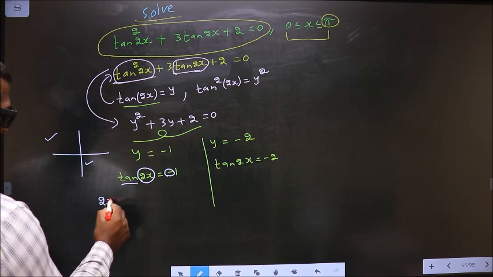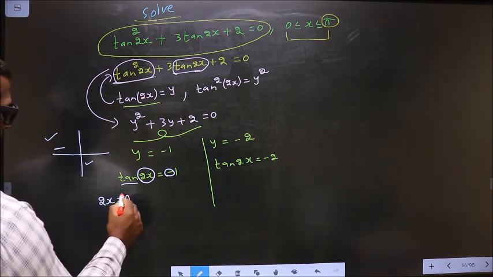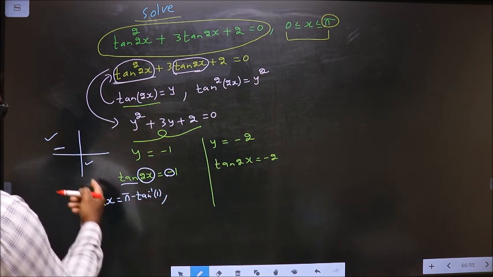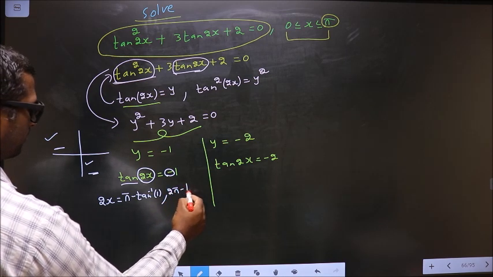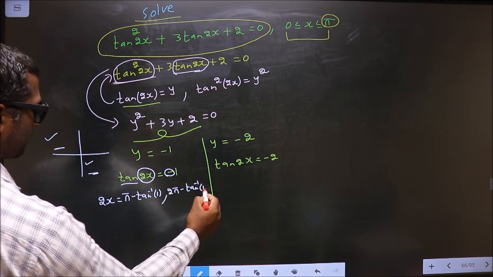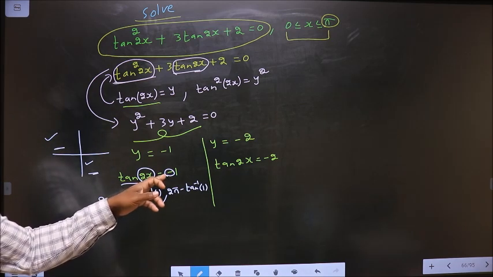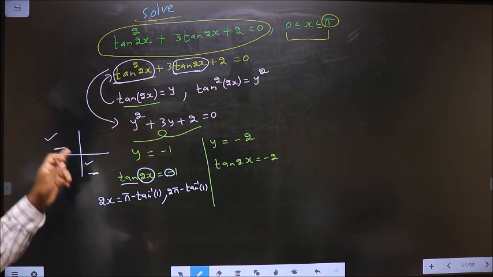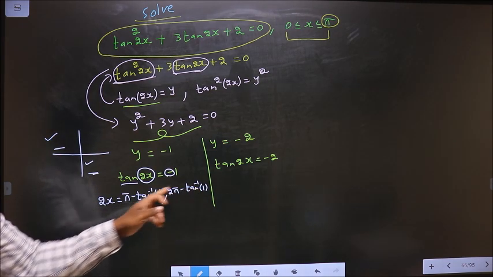So for 2x, to get an angle in the second quadrant, we should do pi minus tan inverse 1. To get an angle in the fourth quadrant, we should do 2 pi minus tan inverse 1. Remember this, the negative sign should be used only for selecting the quadrants. Once quadrants have been selected, do not place the negative sign again here.